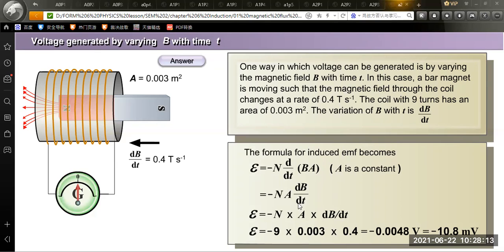Negative N, so how many turns? 9 turns: 1, 2, 3, 4, 5, 6, 7, 8, 9. 9 turns times 0.03 times dB over dt, that's 0.4. We get that the induced EMF will be negative 0.0048 watt.